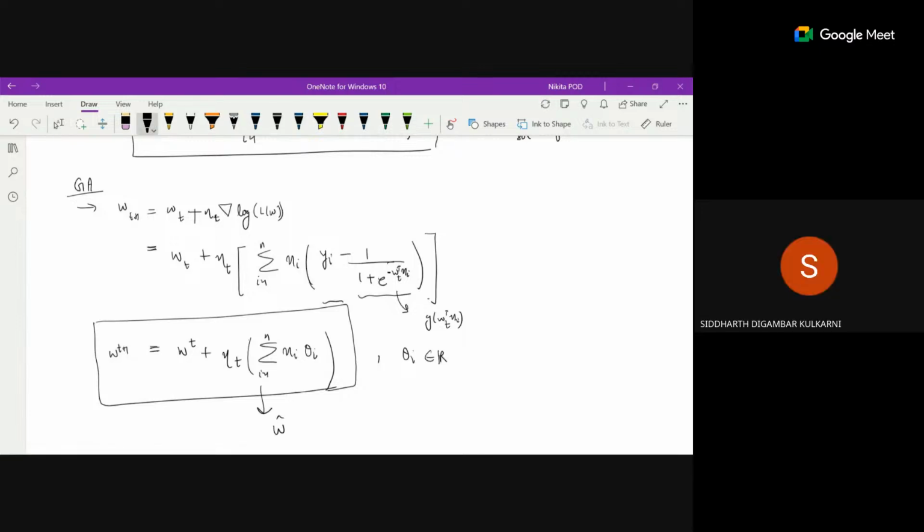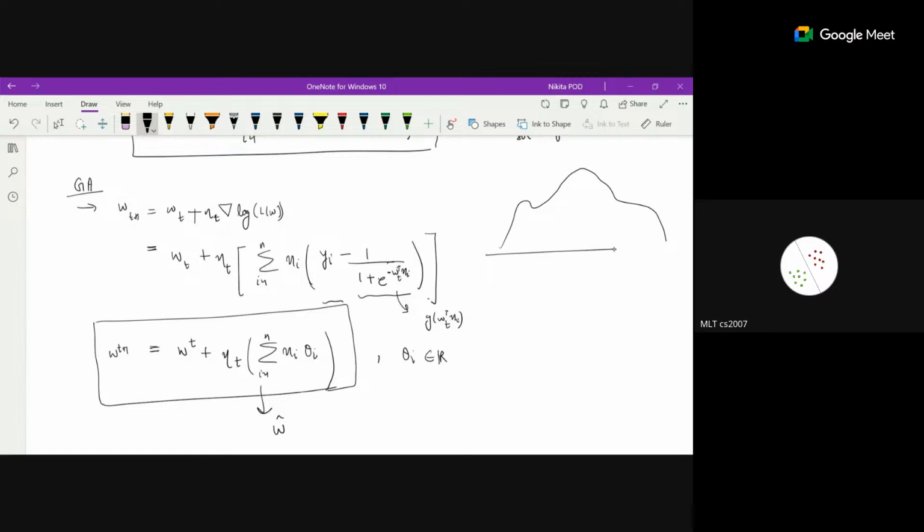Madam, gradient ascent will never converge, na? Gradient descent converges, but gradient ascent, how will it converge? What do you mean it will not converge? Because when we are subtracting, then it slowly approaches towards the optimal W. This is a maximization problem, right? So let's say we have some function.